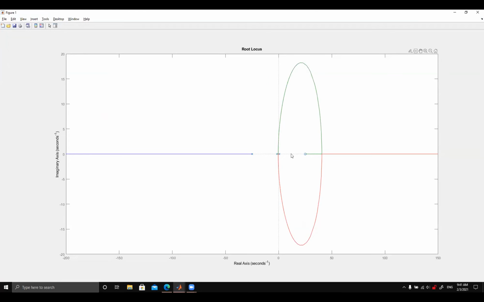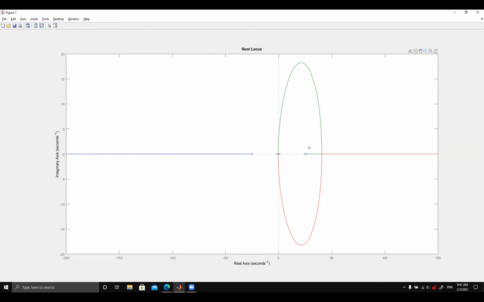Okay, so you see this is the root locus. Let's try to zoom on this section here. So we have this 0, right? This is the right half plane 0 for the delay, and this is the left half plane 0 for the delay. And we have these two poles of the original system.